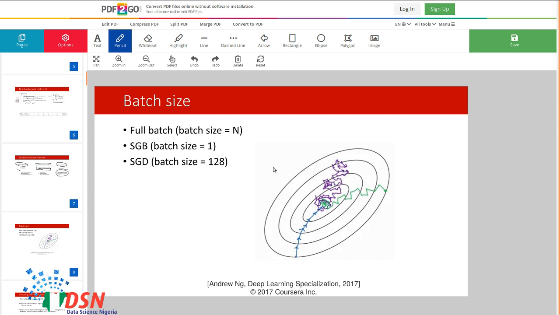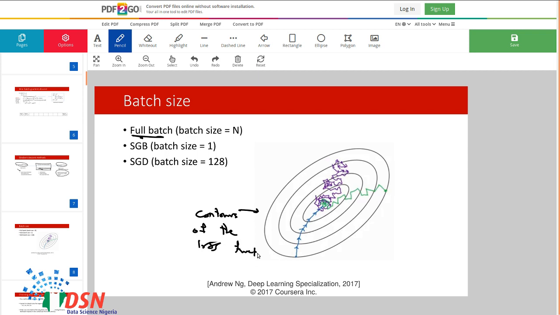so this is a nice representation for different batch sizes. Full batch mode means that the batch size is equal to the number of training data, and we have this line here. As you can see, these are the contours of the loss function.